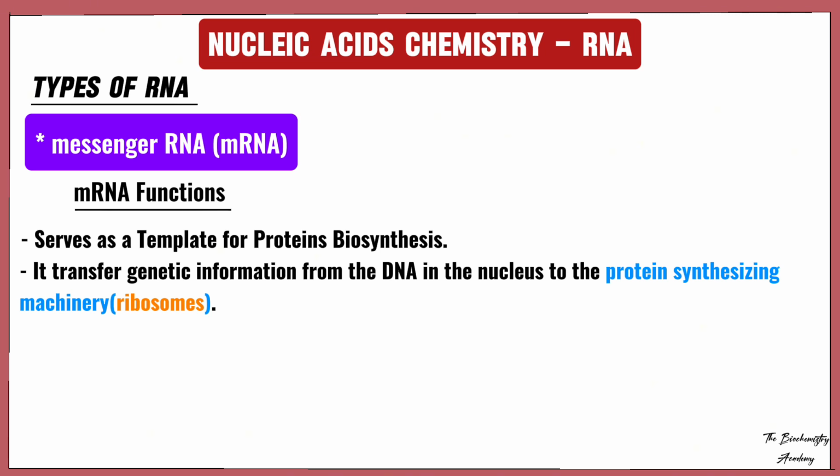Now, in eukaryotes, mRNA are monocistronic, meaning that it only codes for one peptide. If mRNA codes for only one peptide, the mRNA is called monocistronic, and if it codes for two or more different polypeptides, the mRNA is polycistronic.